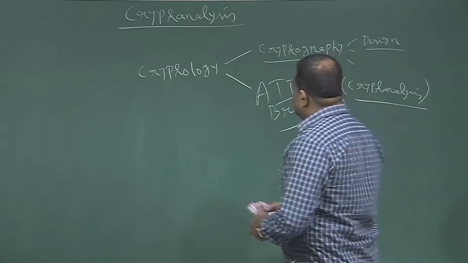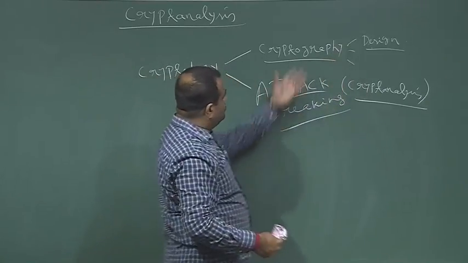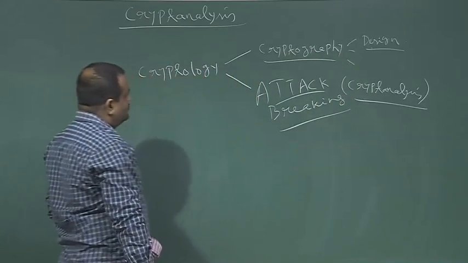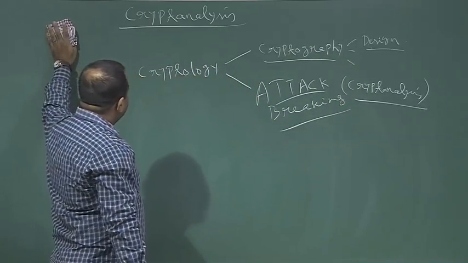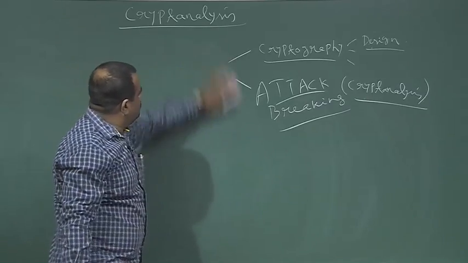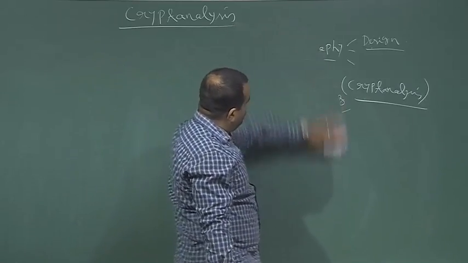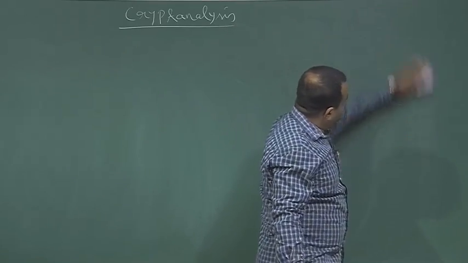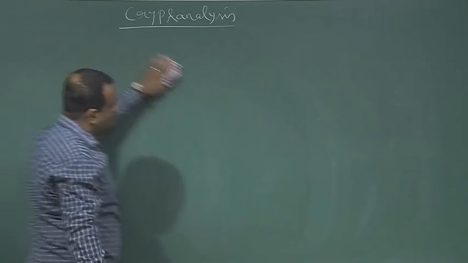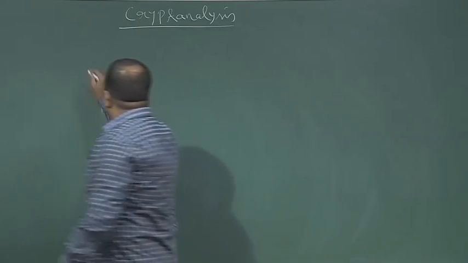So cryptanalysis is the other side of the coin. This is the design phase, cryptography, and this is the breaking phase. So we start the cryptanalysis. We talk about the models of cryptanalysis, attack models.